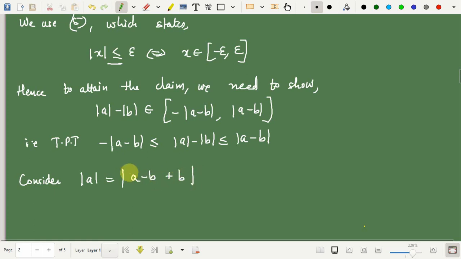And so I would consider this a minus b as the first term in the triangle inequality, and I can use the triangle inequality over here, considering this as the first term and this as the second term. So therefore by triangle inequality we should have this less than or equal to mod of the first term plus mod of the second term. So that is same as mod of a minus b plus mod of b. So this is by triangle inequality.